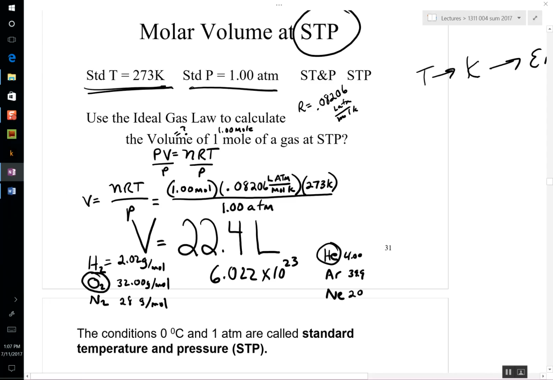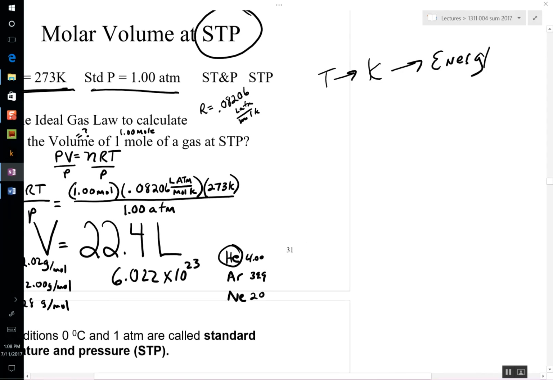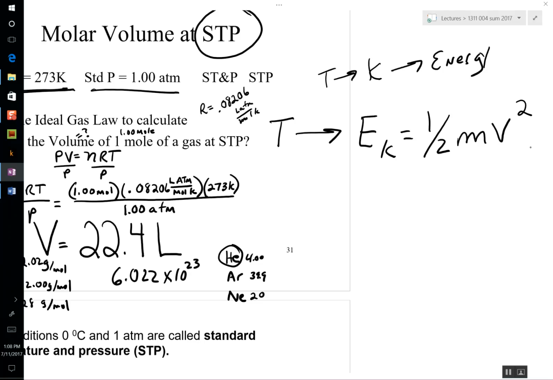The kinetic energy is equal to 1/2 times the mass times the velocity squared. So the temperature in Kelvin is directly proportional to energy. The energy is 1/2 the mass of the particle times the square of its velocity.